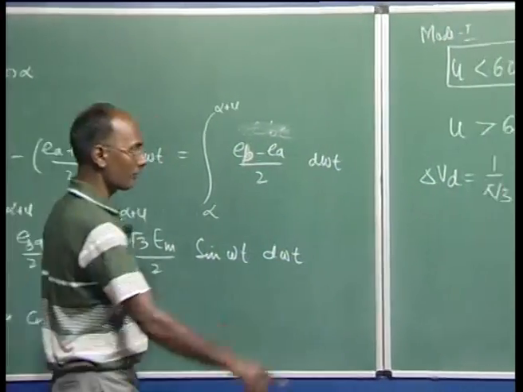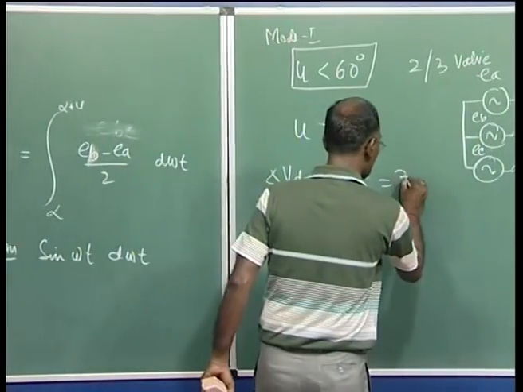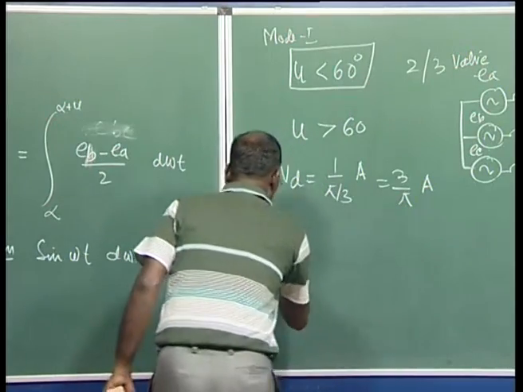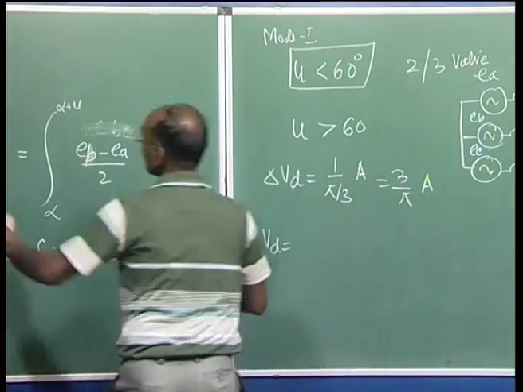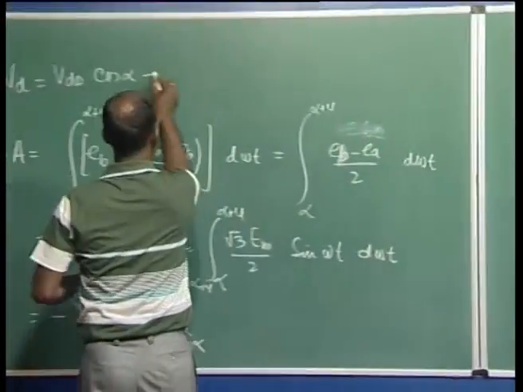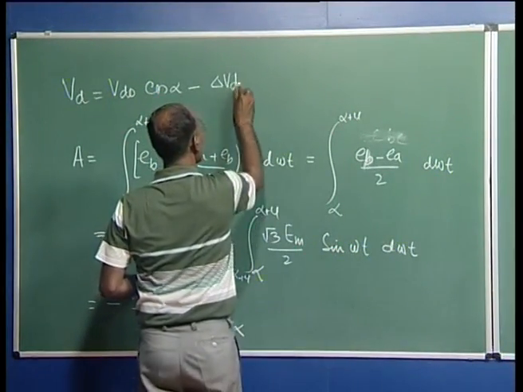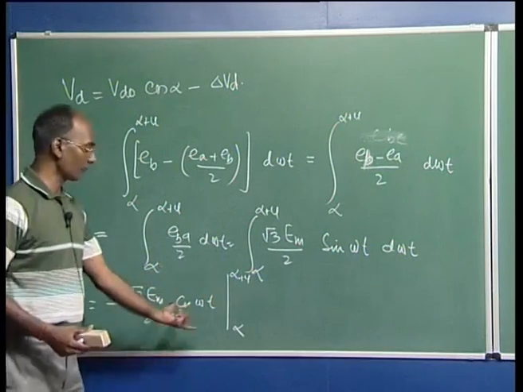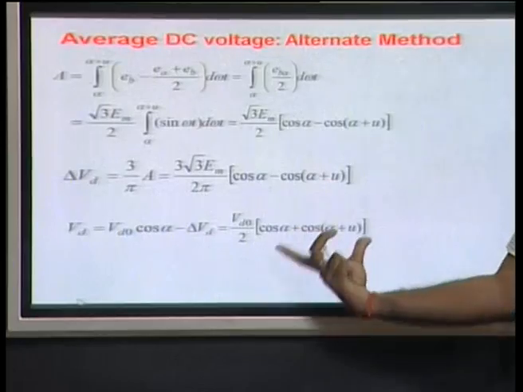So, this is pi by 3. So, this is nothing but 3 upon pi A, and if you are putting this value, now your Vd here will be Vd0 minus the change in Vd, and then you can put this value here, you are getting the same expression.